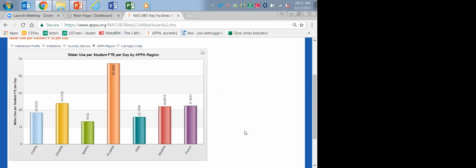So we can see how PC APPA, our region, compares to other regions on water use per student, which is interesting on why we're so high in comparison to other regions. And probably a lot of it has to do with the irrigation. Climate. Yep, climate. That's right.